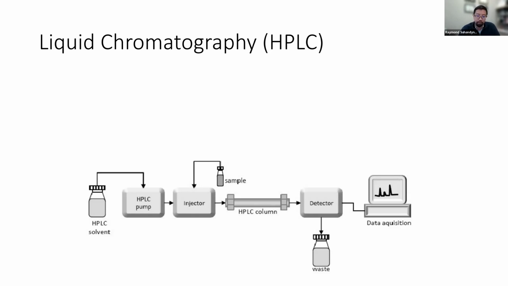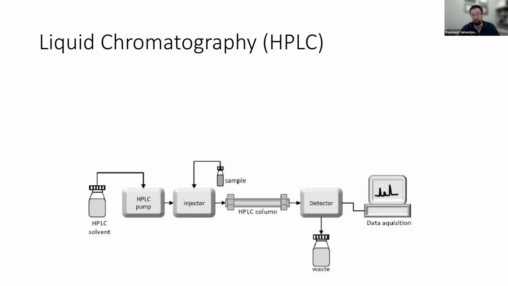So at a high level, basically this is a pump system and there's a column that's separating your analytes based off of time, and it's coupled to the detector. By far and large, it's a mass spectrometer. The takeaway here is that you get something called retention time, and that helps you know that what you're measuring retains on the stationary phase and elutes off that column at a certain time.